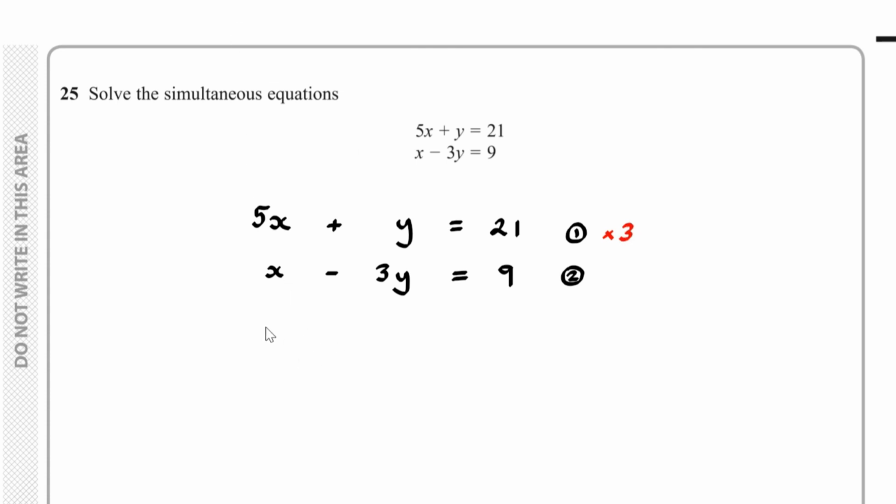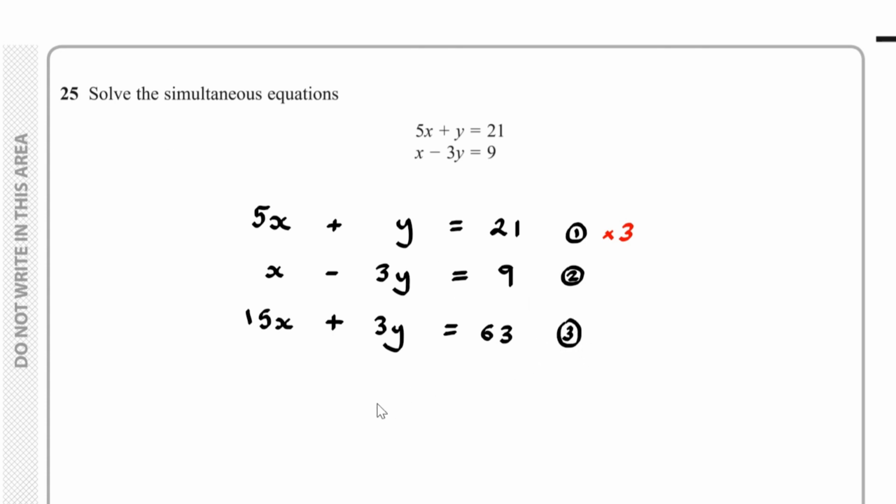The result of doing that: 5x times 3 is 15x, y times 3 is 3y, 21 times 3 is 63. We've got 15x plus 3y equals 63. I'll call this equation 3.